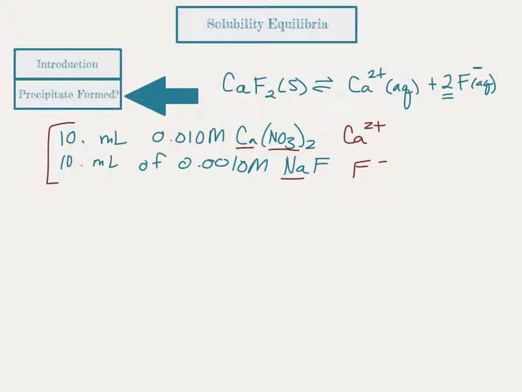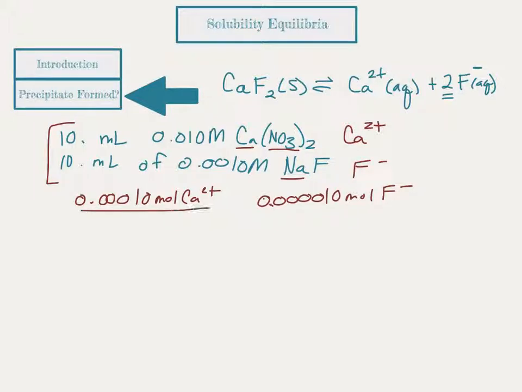So what I'm going to do is calculate the moles for each of my particular species by multiplying the volume times the molarity to get 0.00010 moles of calcium and 0.000010 moles of fluoride. And I'm going to divide both of them by my new volume of 0.02 liters.